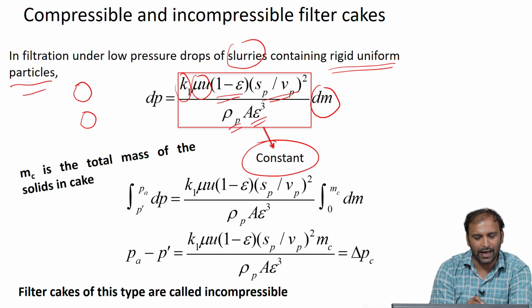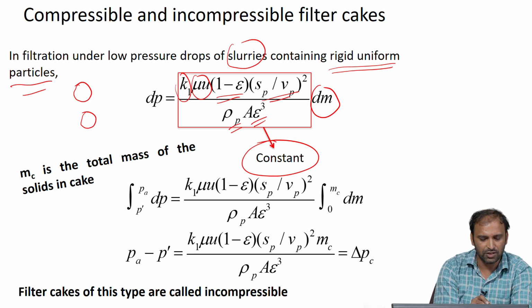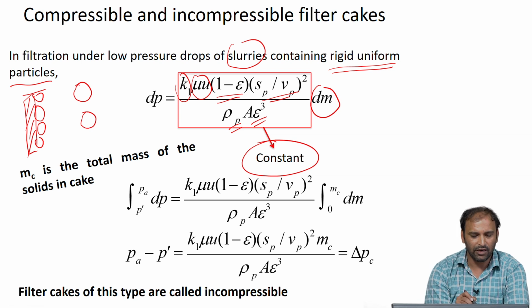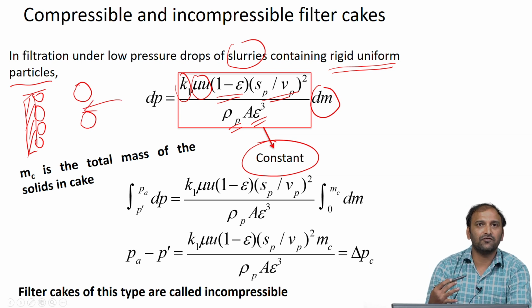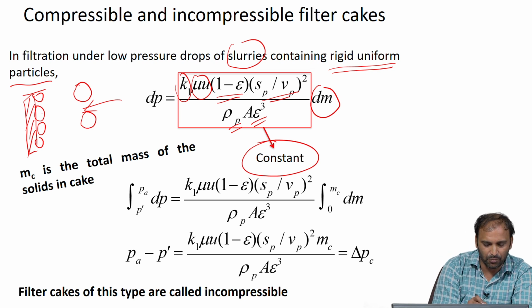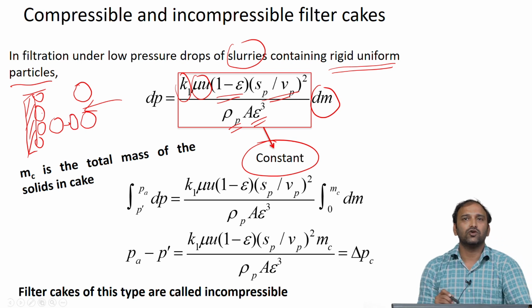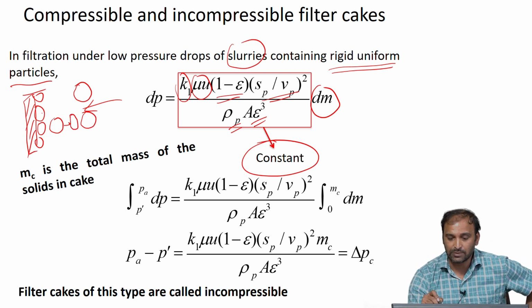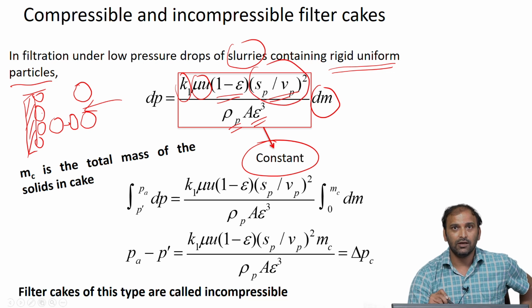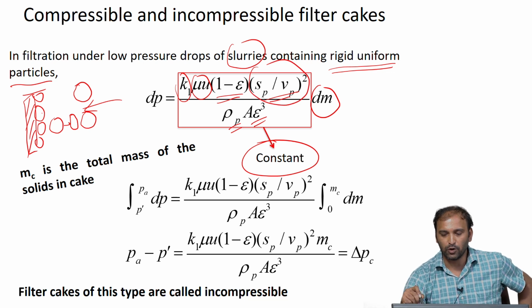And as the filtration occurs, I have the filter medium, and once these liquid droplets start depositing onto the filter medium, when further filtration happens, these droplets could deform. Instead of being perfectly spherical, they could take some shape like that, right. So therefore there could be variation of Sp by Vp which we may have to worry about, if the particles that I'm working with are not rigid.